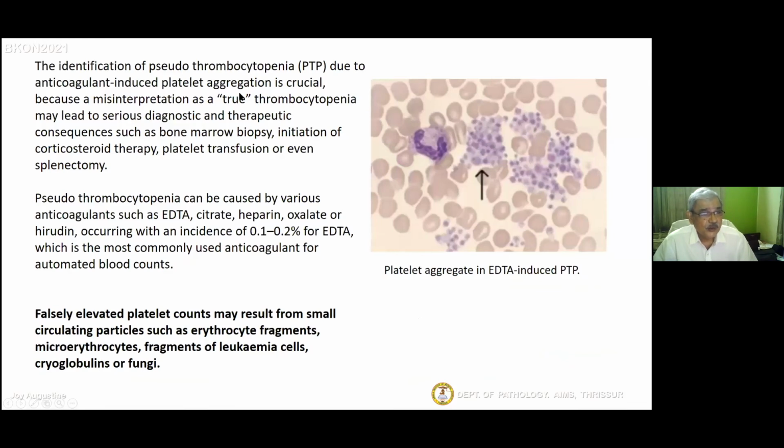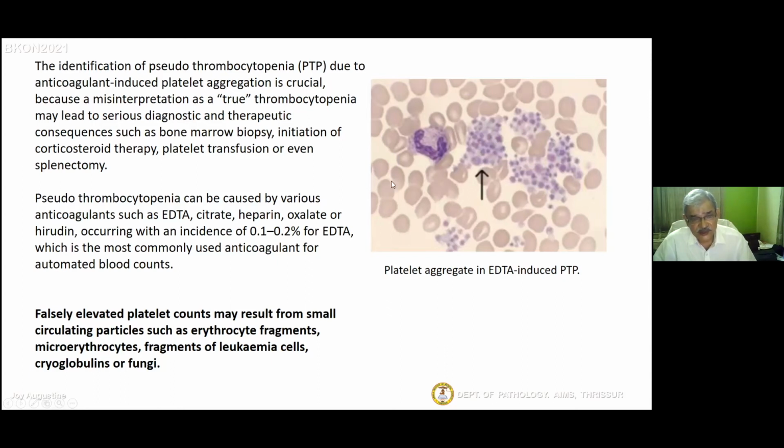Now, pseudothrombocytopenia is common. The most common reason for that is that sometimes EDTA will produce clumping. This is not very common, but it's common enough to be worrying. So you'll get a very low platelet count, but on the other hand, the smear will actually show platelet clumps.